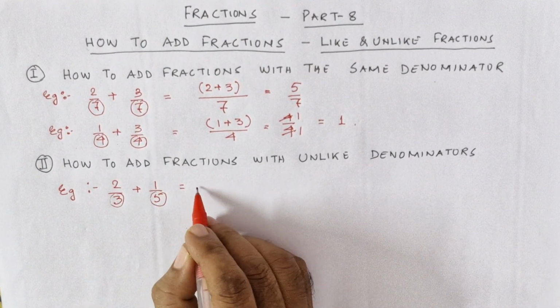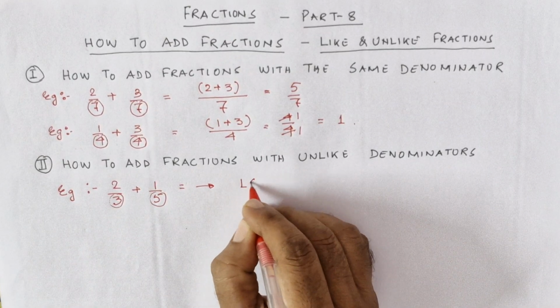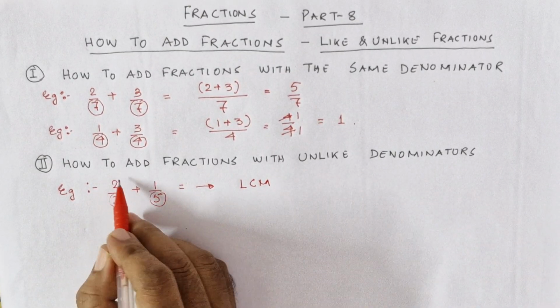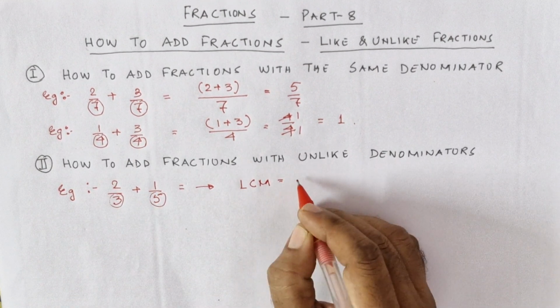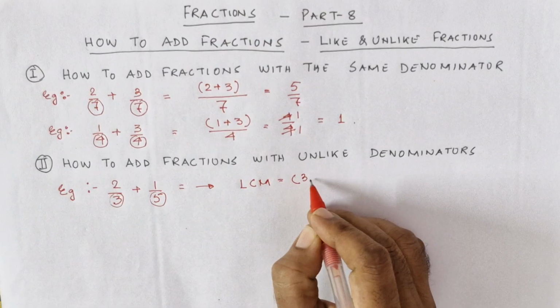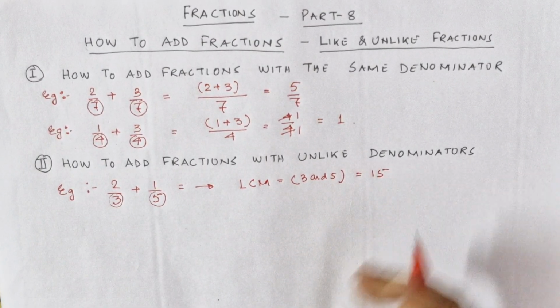So before addition, you need to find the LCM first. Why? Because you need to convert these fractions into like fractions. So the LCM of 3 and 5 is equal to 15. Got it?